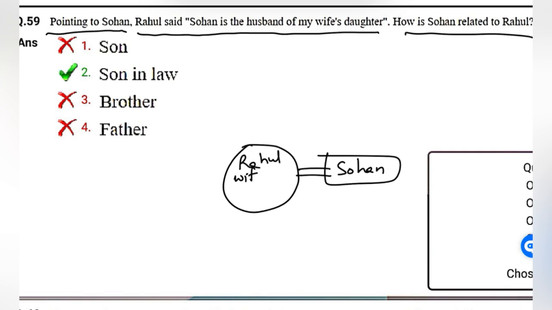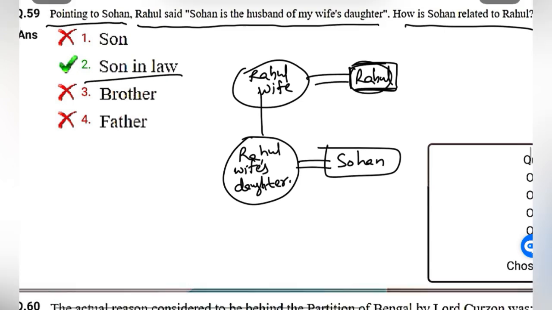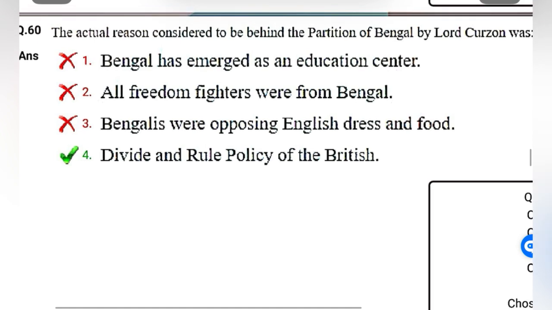And he is the husband of Rahul's wife's daughter. So Rahul's wife and Rahul are a couple. How is Sohan related to Rahul? So Sohan is the son-in-law of Rahul.